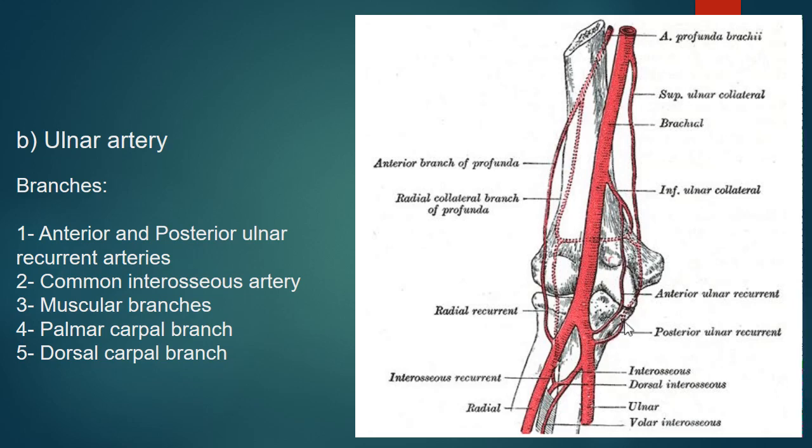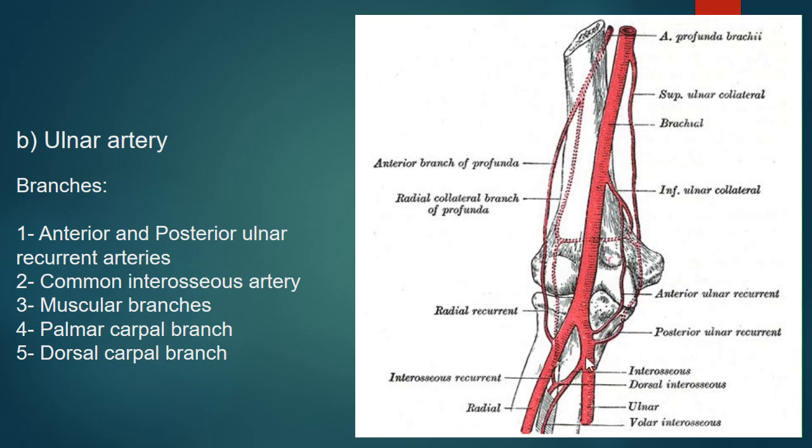And this is the posterior ulnar recurrent artery, which runs upwards and backwards, and it anastomoses with the superior ulnar collateral branch of the brachial artery just behind the medial epicondyle, and they take part in the anastomosis around the elbow joint.